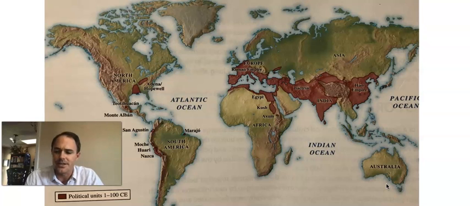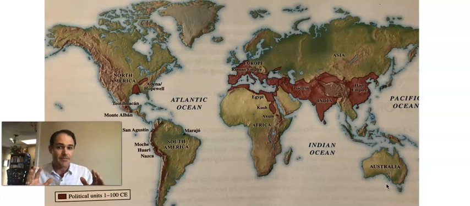These classical civilizations build on those river valley civilizations that we talked about in Unit 1. They continue the agriculture, they continue the technology that we saw in the previous period. But as you can see from this map, they grew much, much larger in terms of geographic size, but also in the amount of people contained in them.